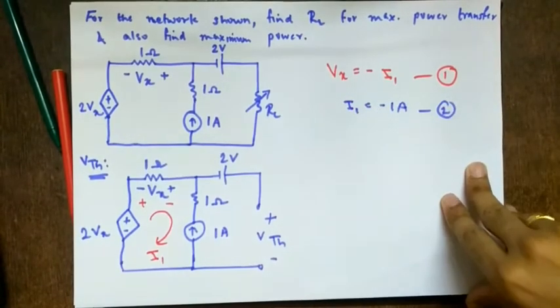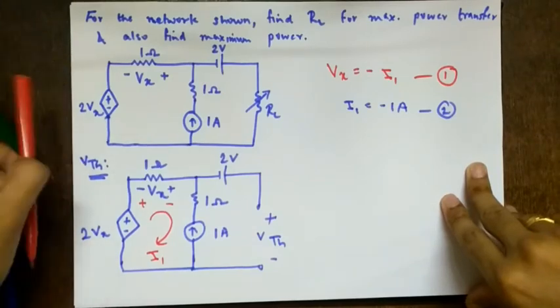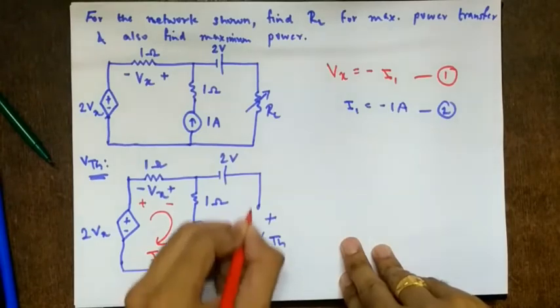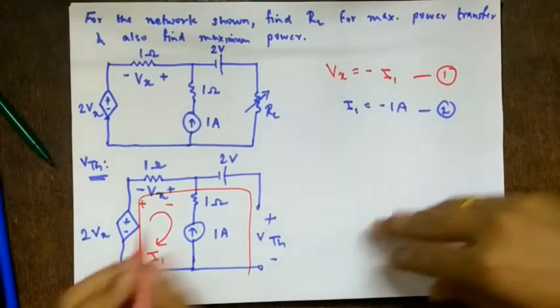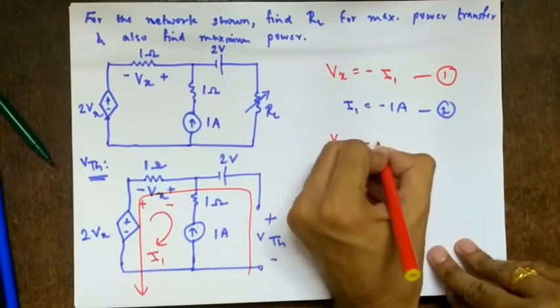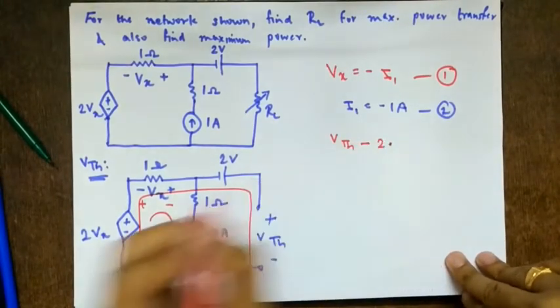Equation number 2. So what do we have to find? VTH. So what will we do? We cannot take this path, because here is a current source. So we will take this path. So VTH minus 2. Now what is happening here?